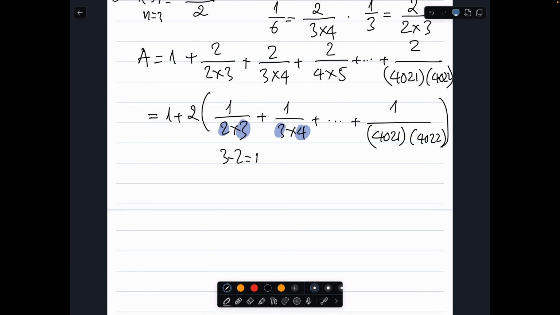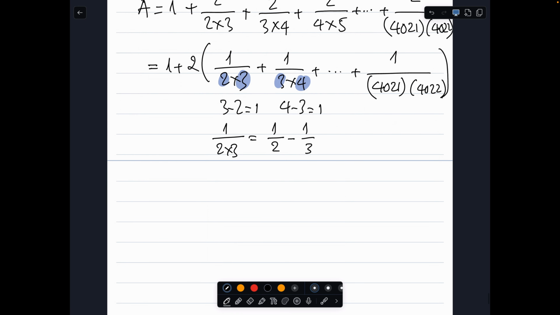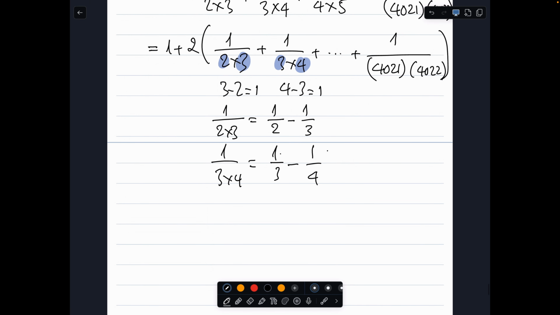It means that this guy is equal to, because their difference is 1, and this guy 1 over 3 times 4 is, multiply this by 4 by 3, and then you have 12. You see, now A has a very nice pattern.